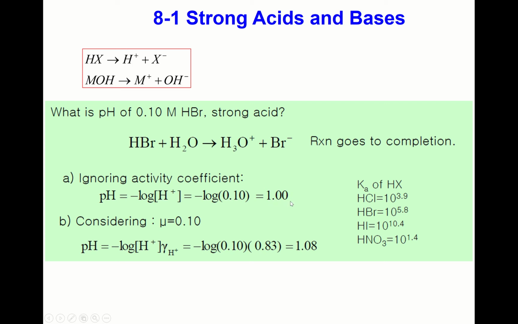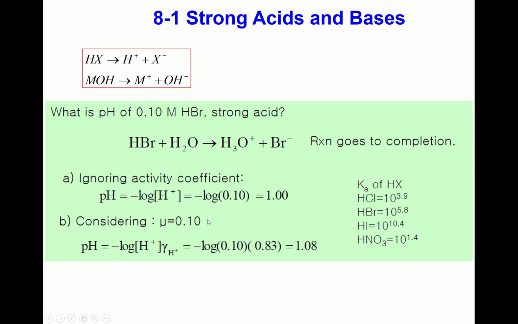Using the definition of pH, we get the pH of this solution to be 1.00. But actually it is more accurate to use activity than molar concentration. From here we calculate the ionic strength of the solution, and it is 0.10 molar. The unit is the same as molarity.